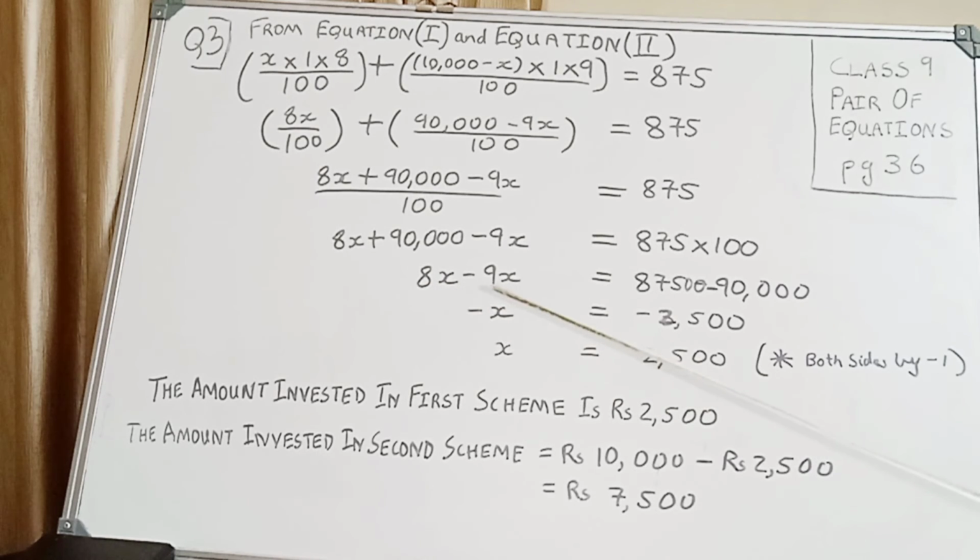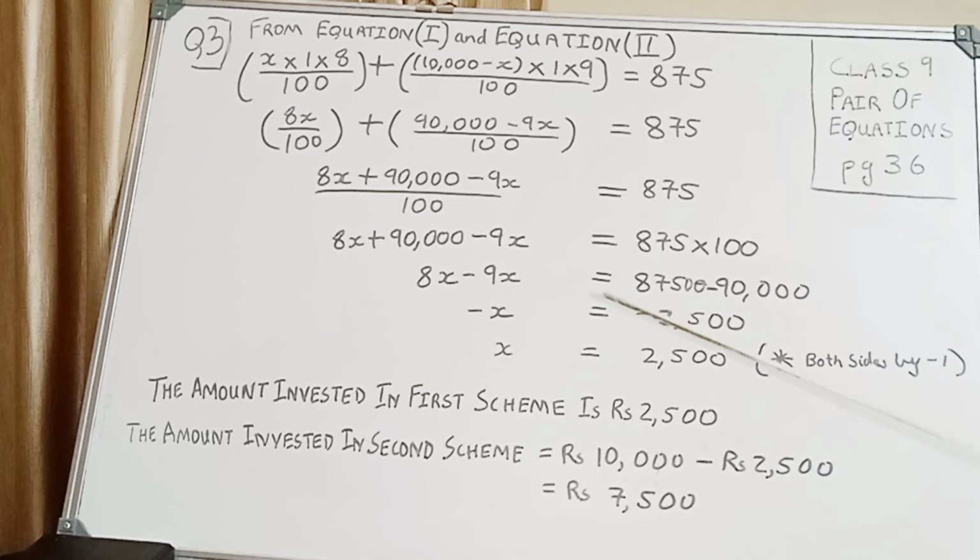The minus symbol will come down. The greater number has the minus symbol, and you have to subtract. So 9X minus 8X, you will get X itself. This greater number has the minus sign, that is why the minus sign is carried forward. Here also the greater number has the minus sign, so the minus sign is carried forward.